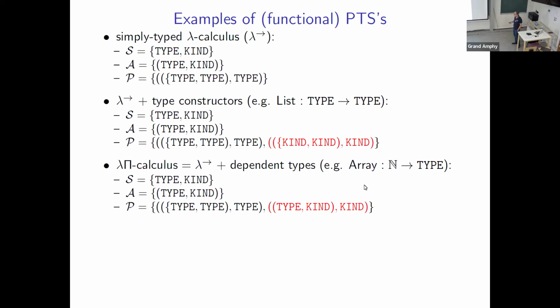Okay. And you can also encode here as a PTS dependent types. So the system LF, the lambda pi calculus itself, okay, where you have some constants having this kind of arity, so a type, a row, a big type. Okay. And to type this type, okay, you need this product rule. So a type, a kind, gives a kind.